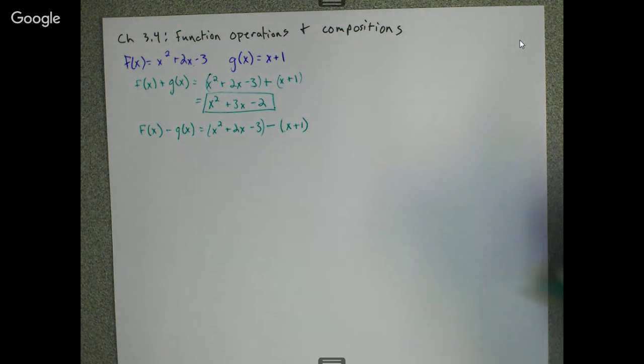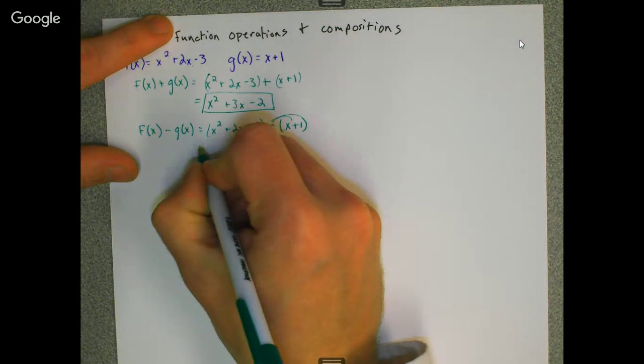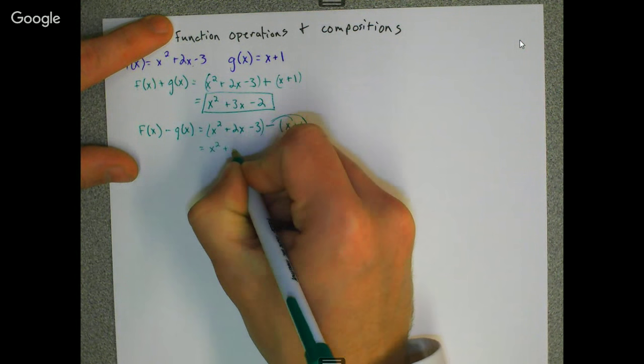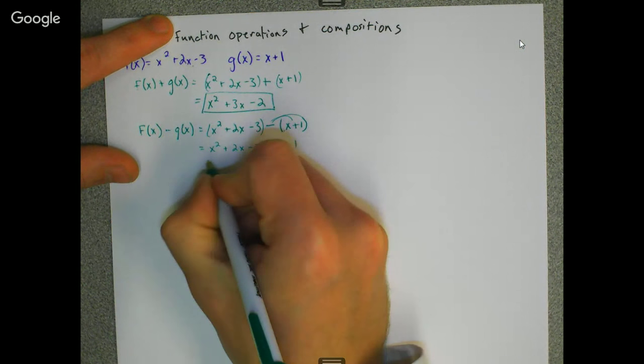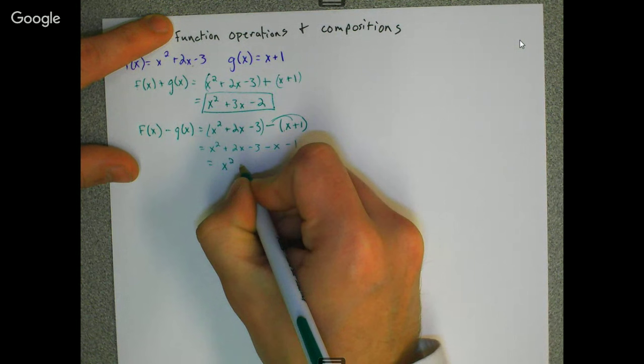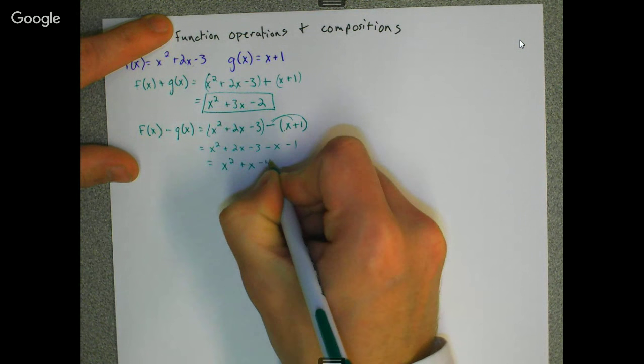And it's really important on subtraction because you have that negative to distribute. So we'll have x squared plus 2x minus 3 minus x minus 1, which reduces down to x squared plus x minus 4.